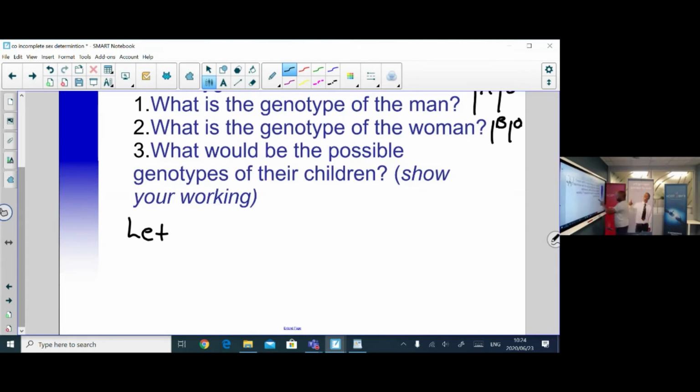We can start by showing the parents' phenotype.